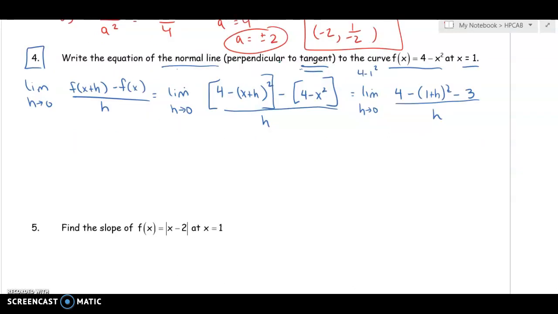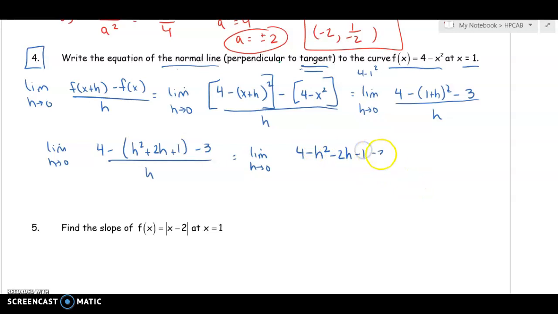All right, and I'm going to simplify some more. So I've got the limit as h approaches 0 of 4 minus, if I square this, I'm going to get h squared plus 2h plus 1, minus 3 all over h. Don't forget to distribute the negative. You get the limit as h approaches 0 of 4 minus h squared minus 2h minus 1 minus 3 all over h.